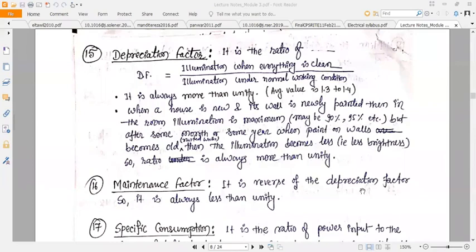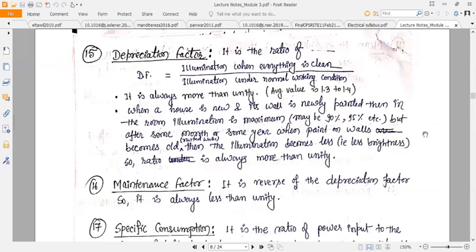The next one is the depreciation factor. Depreciation factor is the ratio of illumination when everything is clear divided by the illumination under normal working condition. कहने का क्या मतलब हुआ कि अगर एटमॉस्फेयर बिल्कुल ही क्लियर है, सपोज फॉगी वेदर नहीं है, विंटर सीजन में वेदर फॉगी नहीं है, बिल्कुल ही क्लियर है, तो उस वक्त इल्यूमिनेशन क्या होगा किसी लाइट सोर्स का?